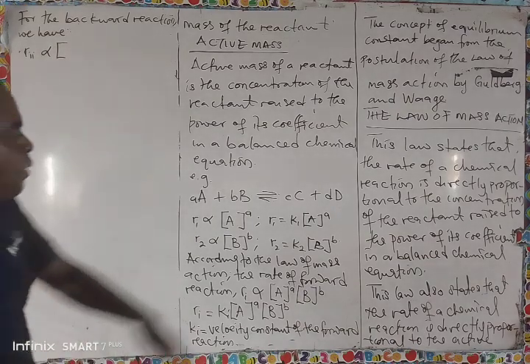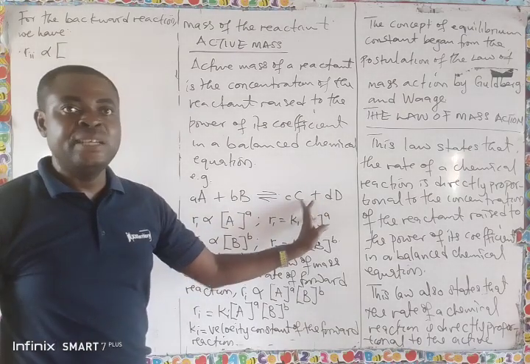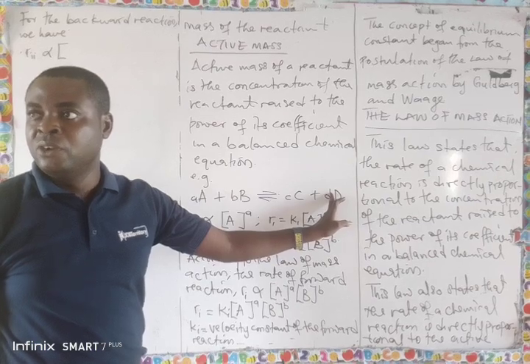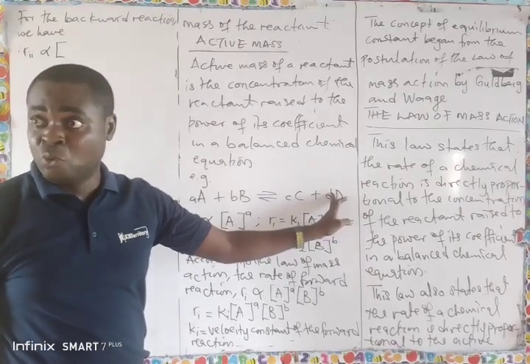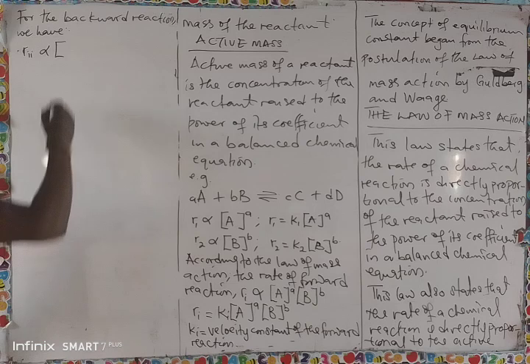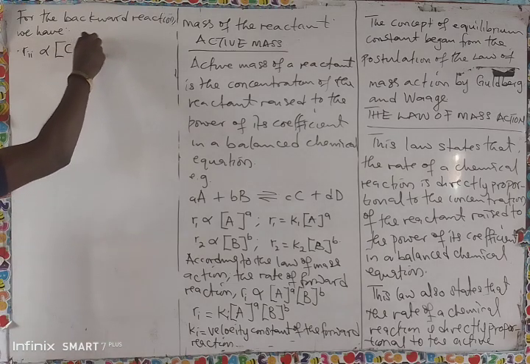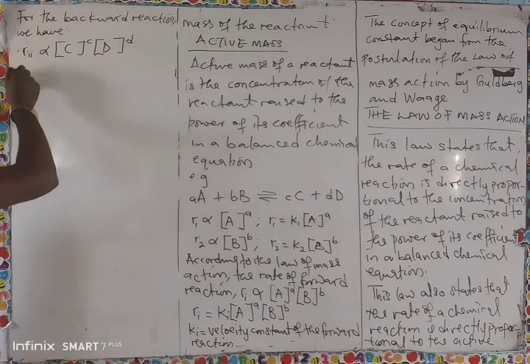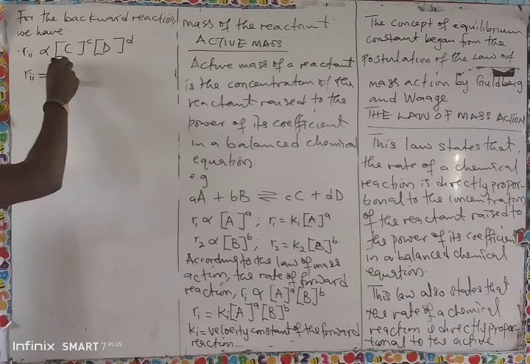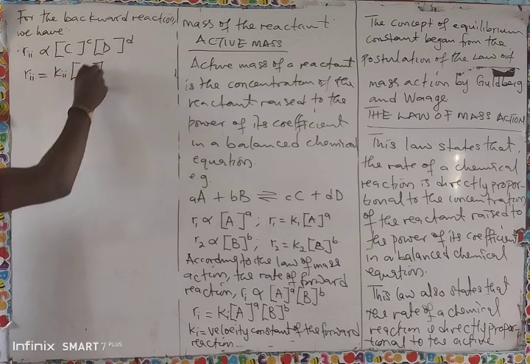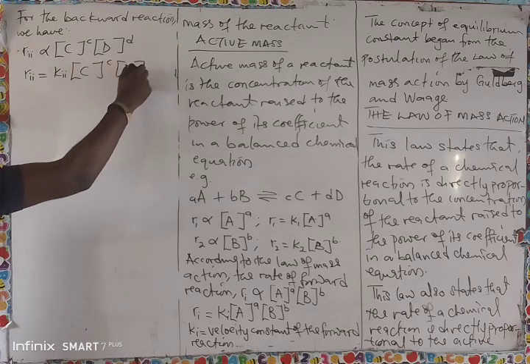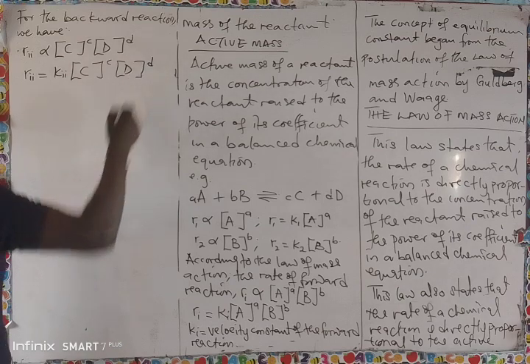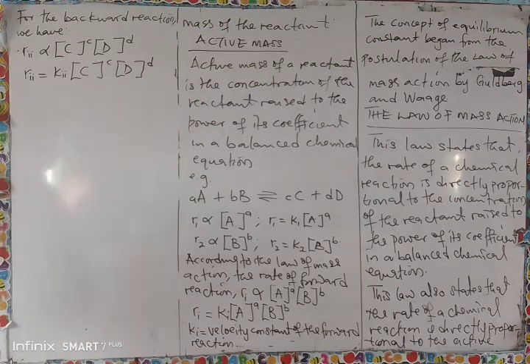For the backward reaction, the reactants are C plus D, and it's only the reactants we have business with. So we have C raised to power C, then D raised to power D. Then R2 is equal to K2 times C raised to power C. Nobody will have to derive this. Don't worry yourself.